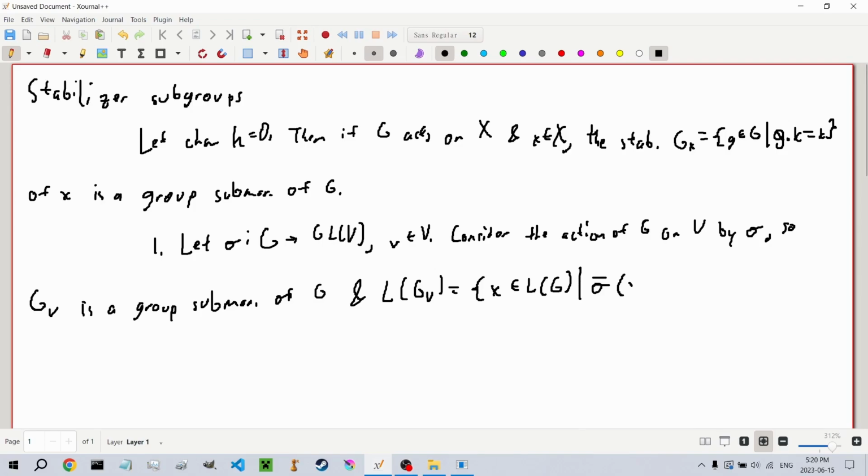I don't know why they have a bar over it. Oh, no, never mind. So it's essentially the kernel of sigma bar of x.